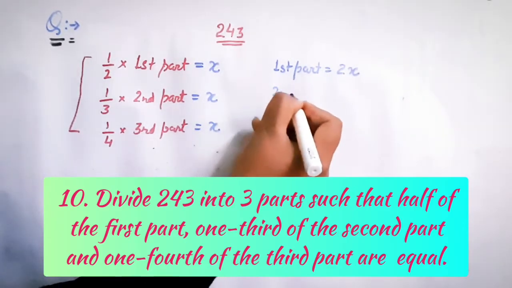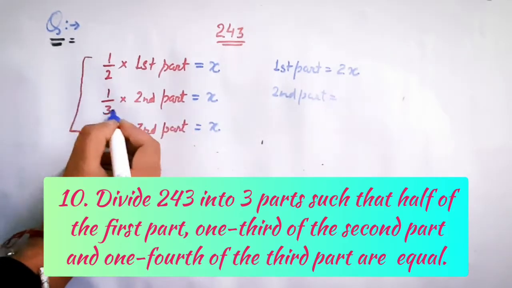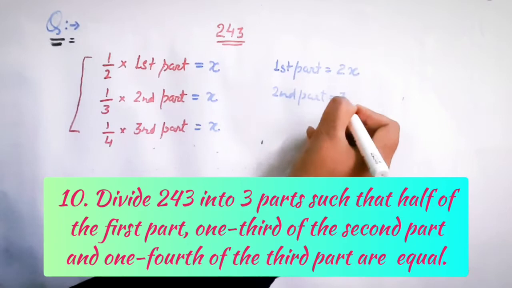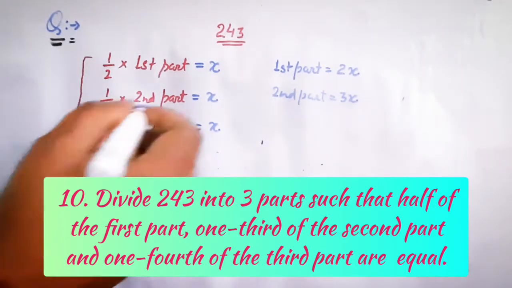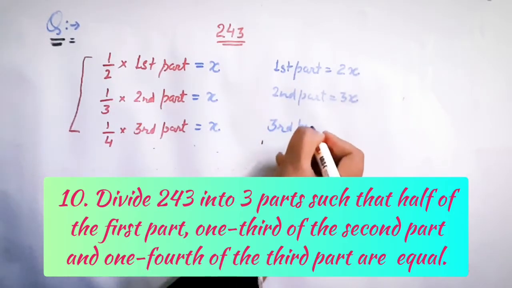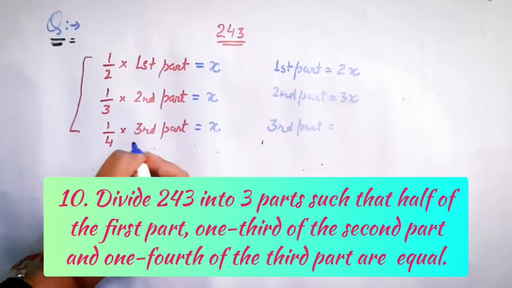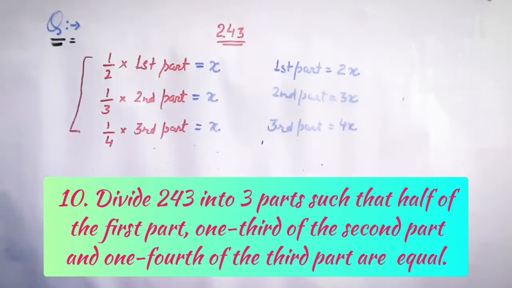Similarly, for the second part, take 3 to the right side, it is 3x. Then for the third part, take 4 to the right side, it will be 4x. Now what is given?